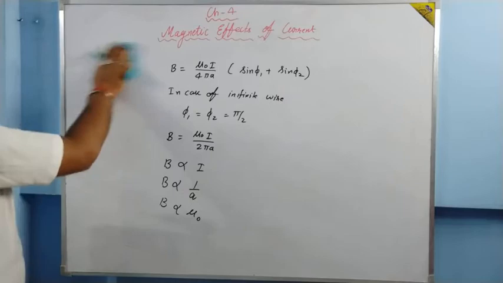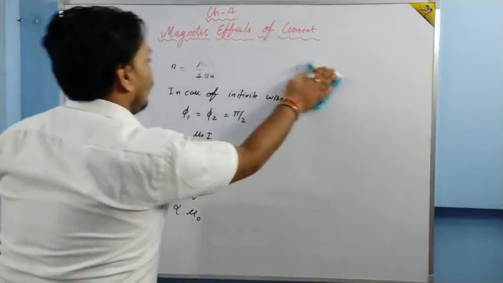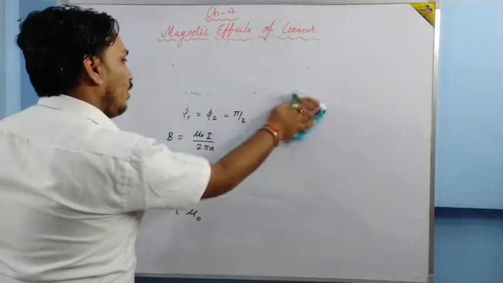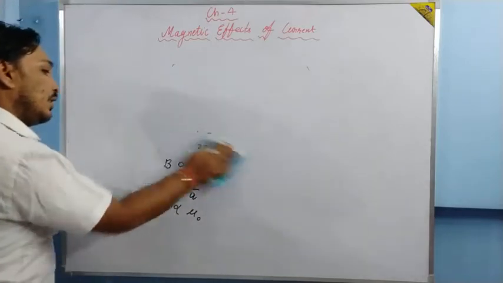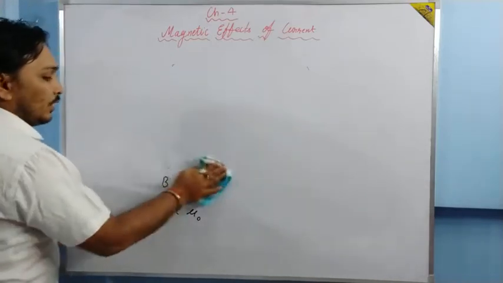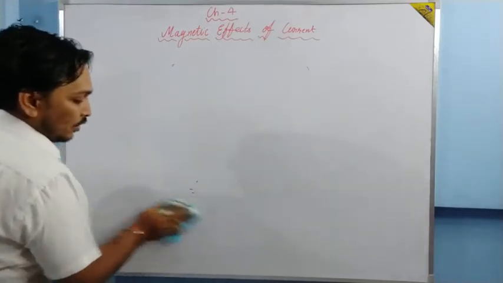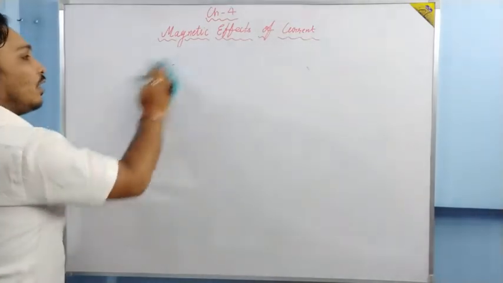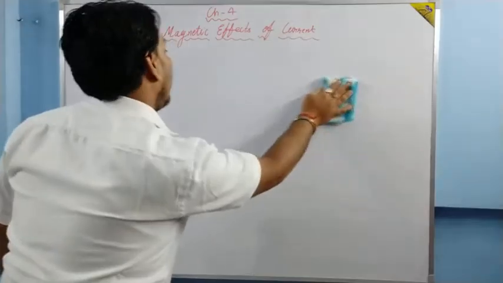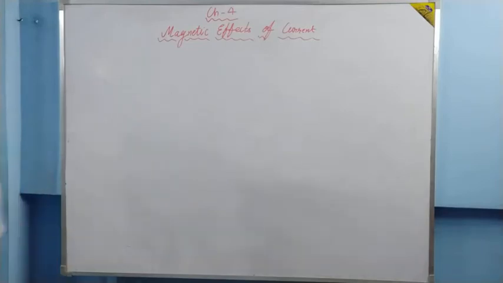Today we are going to do another application of Biot-Savart law. Today we will try to find out the magnetic field due to a circular ring which is carrying a current.